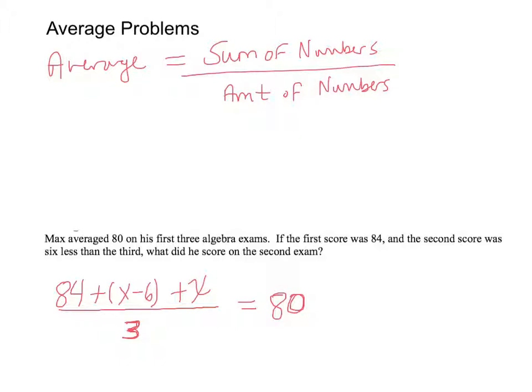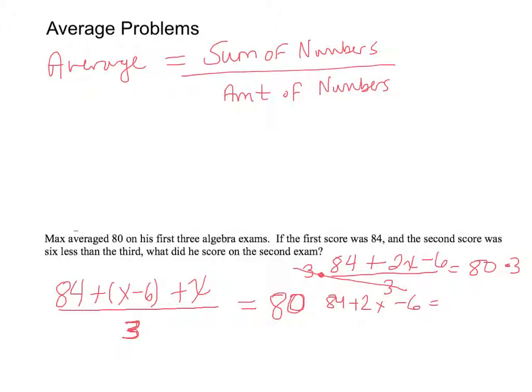All I have to do is simplify this top, and then I can start to solve. So basically I'm going to have 84 plus x is 2x minus 6 all over 3 equals 80. Now the way to get rid of this 3 in the denominator, the way to get rid of any denominator, is just to multiply that denominator on both sides. So now I have 84 plus 2x minus 6 is equal to 80 times 3 is 240.